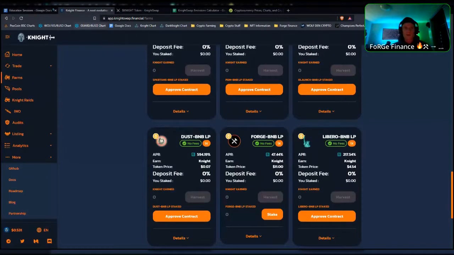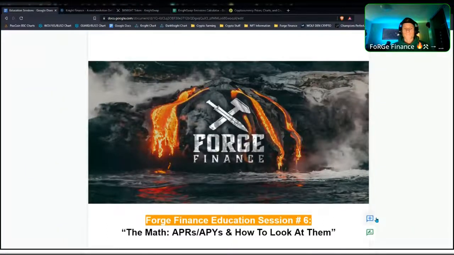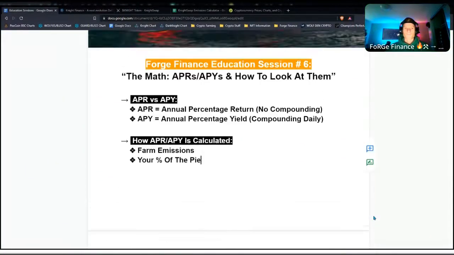Let's talk about the basics. So APR versus APY. APR is annual percentage return. Think about it: if you didn't touch your farm at all for an entire year, you would make this much return over the entire year because you won't be compounding it at all.